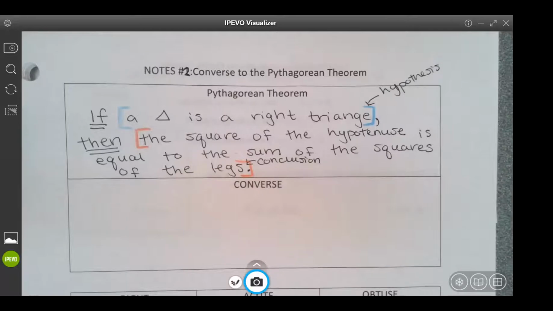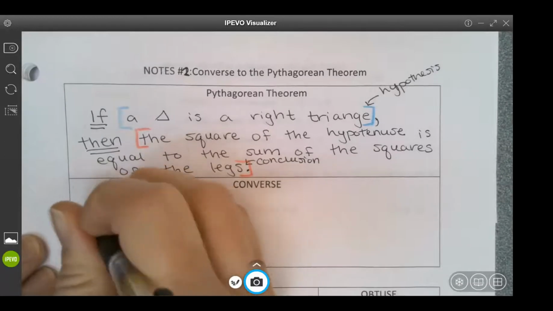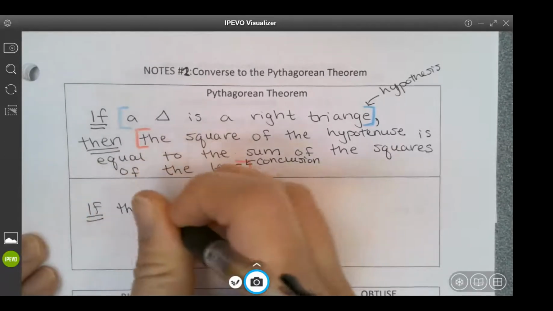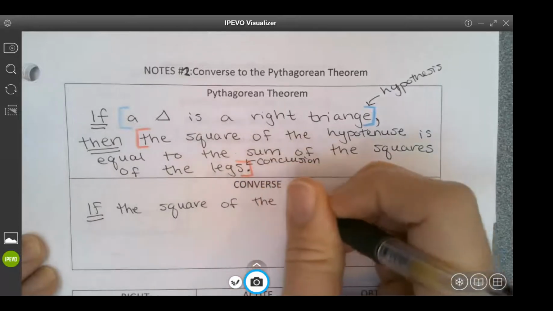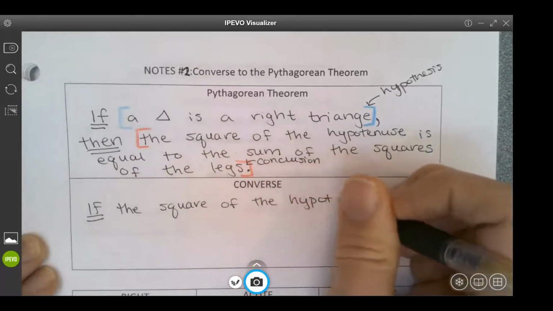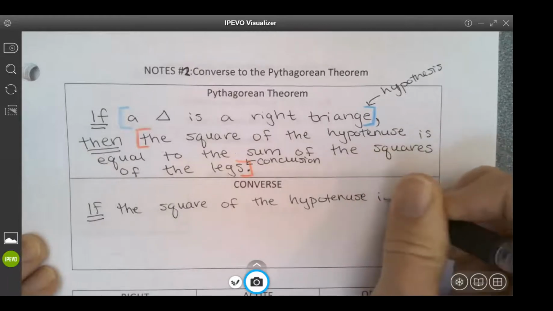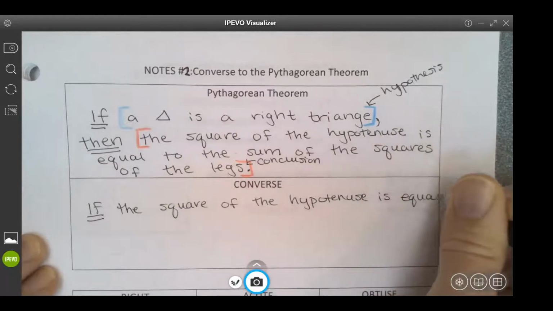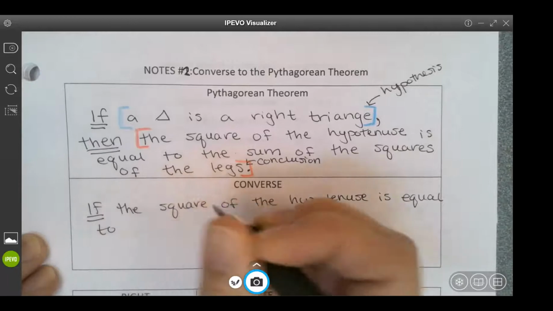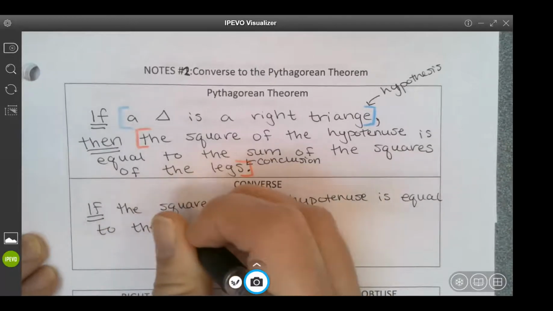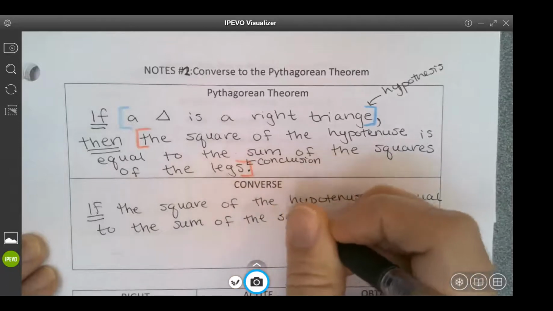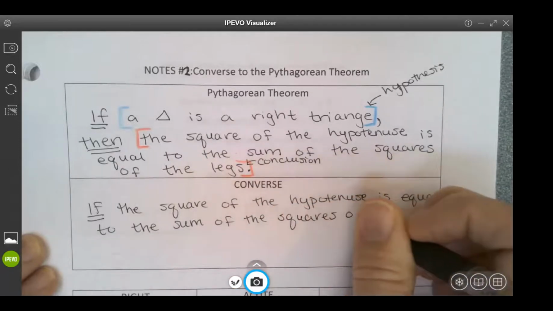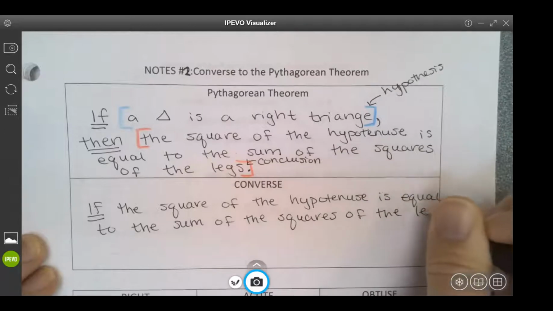So the converse to the Pythagorean theorem, the way it's written, would say if the square of the hypotenuse is equal to the sum of the squares of the legs, long statement.